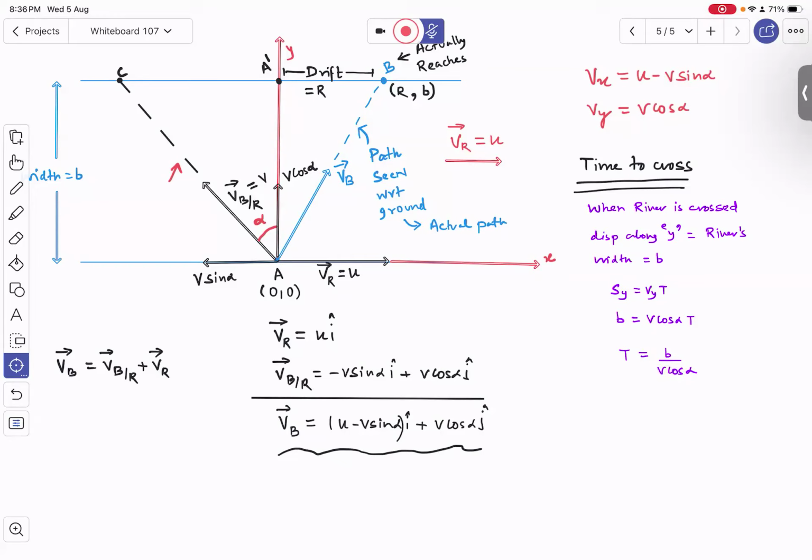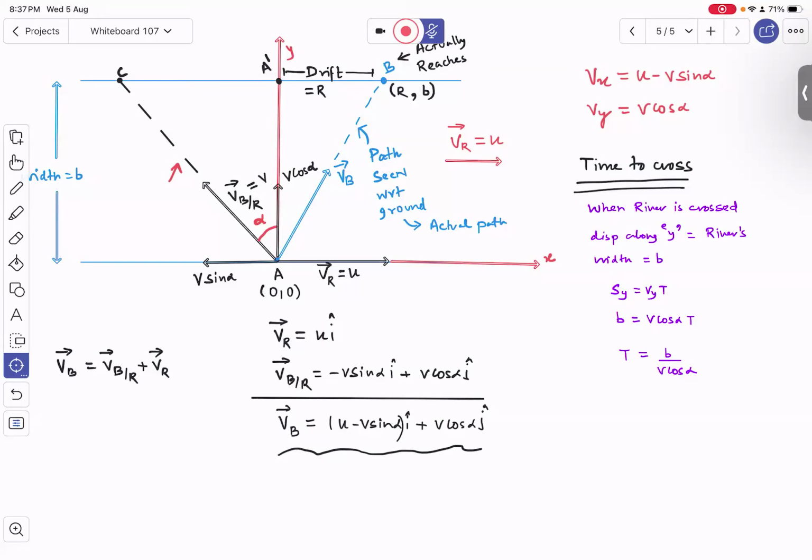Next thing is, how much is the drift that we are going to have, the displacement along the flow of the river? Tell me, how long was the projectile traveling along its horizontal direction? For however long it was in the air, correct? Same way here, how long will he be moving in the direction of the river flow? As long as the boat is in the water.